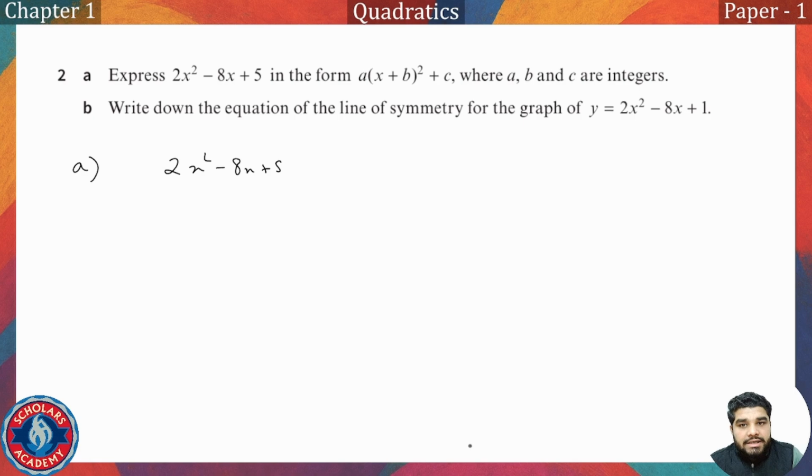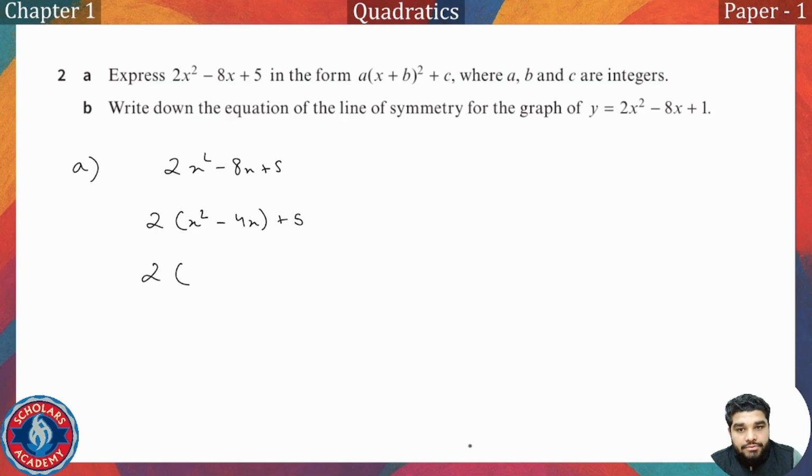So we'll take 2 common first of all. We get x square minus 4x plus 5. Now, this 4 is actually 2 times b, so b we will take as 2 and b square is 4.